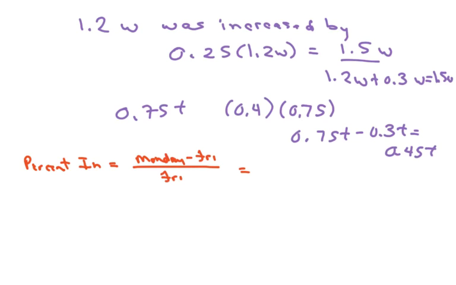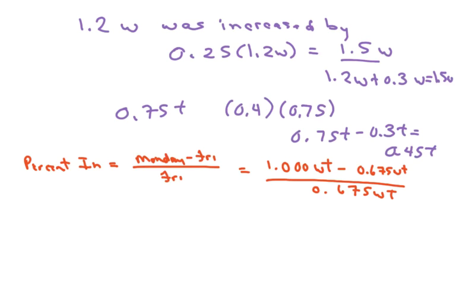Equals 1.000 WT minus 0.675 WT over 0.675 WT. And when you put this in the calculator, you're going to get 0.325 over 0.675.